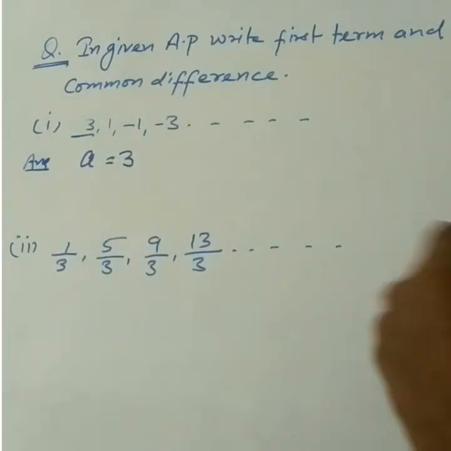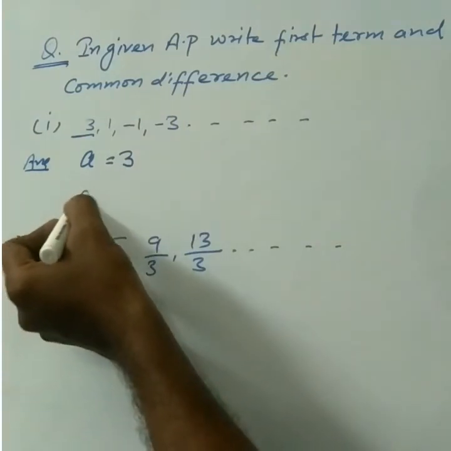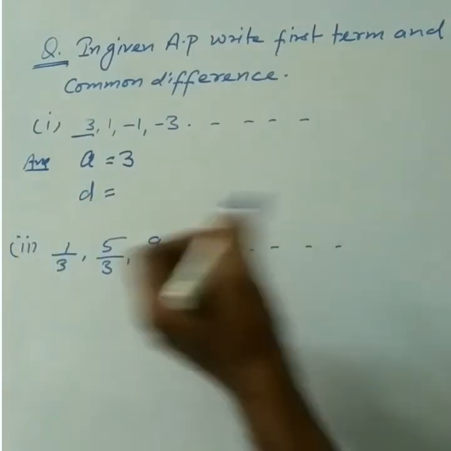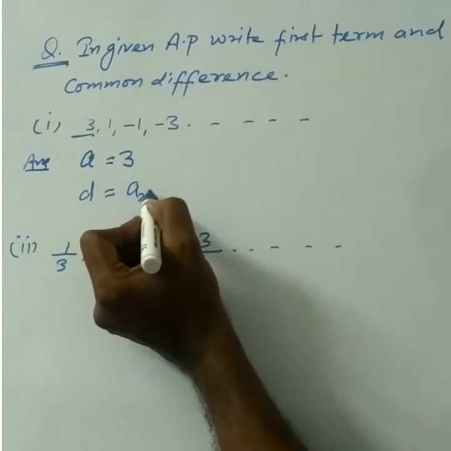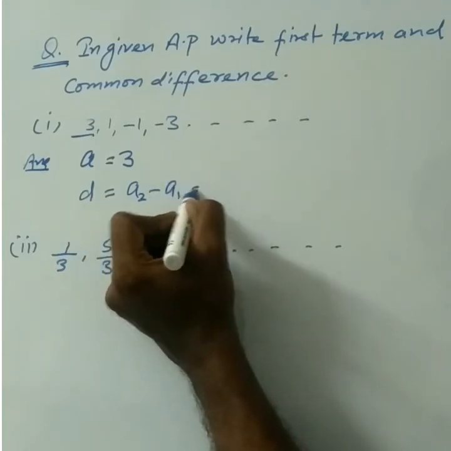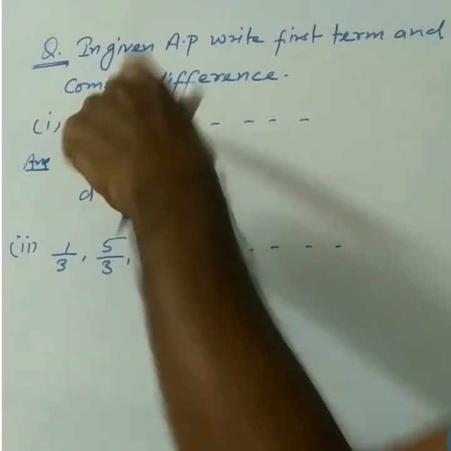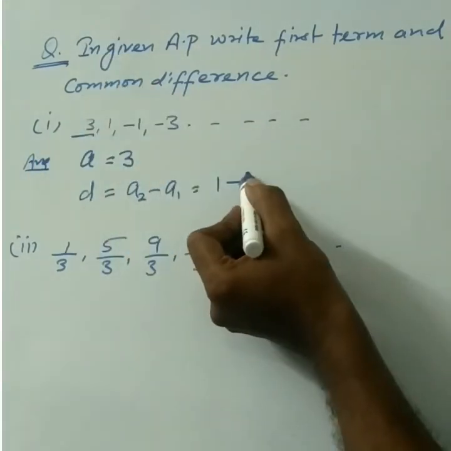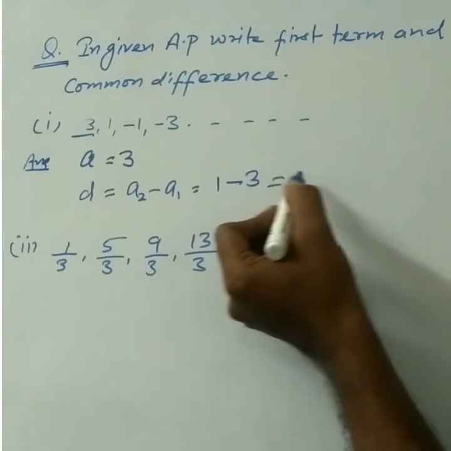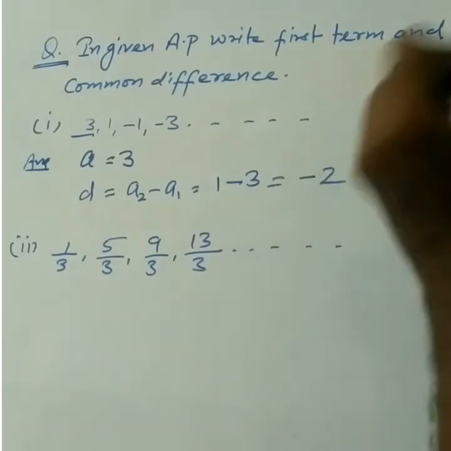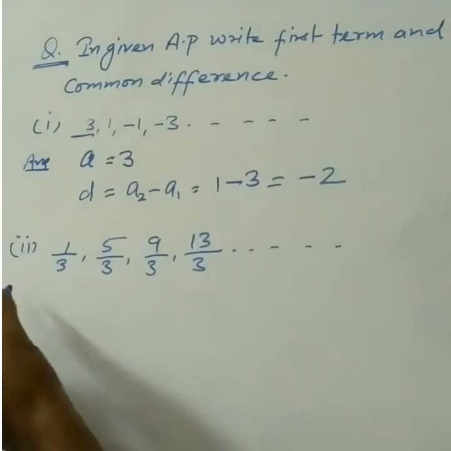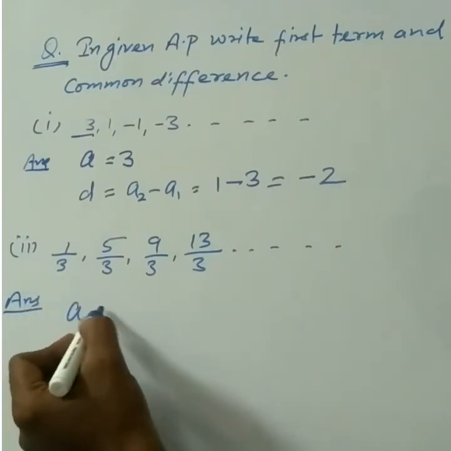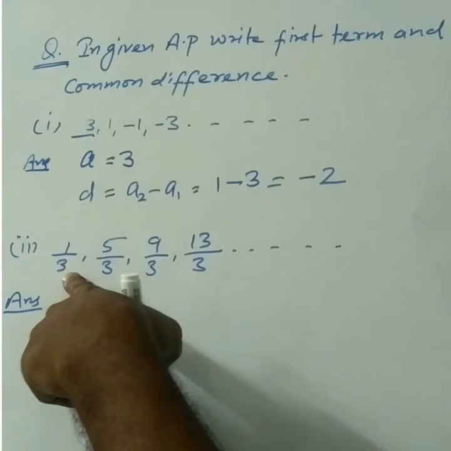Then we have to find the common difference d, which is obtained by second term minus first term. Our second term is 1 minus first term 3. 1 minus 3 is minus 2. This is the common difference.